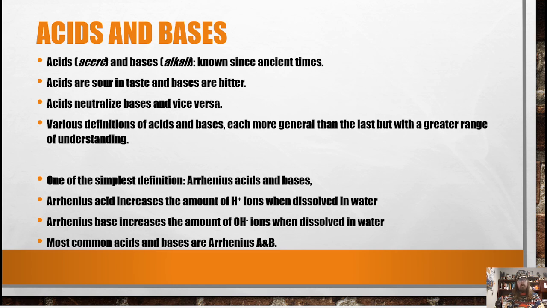Now, there are various different definitions of what makes an acid and a base. Each one is more general than the last, but when we change definitions, the purpose is to greater our understanding of what is capable of being an acid or what is capable of being a base.